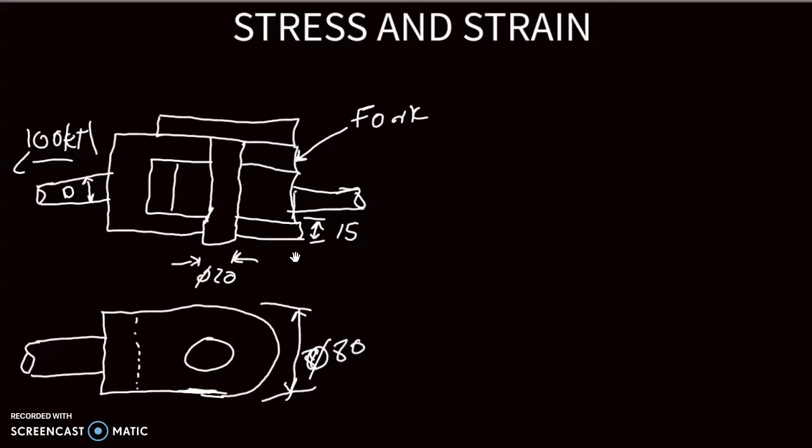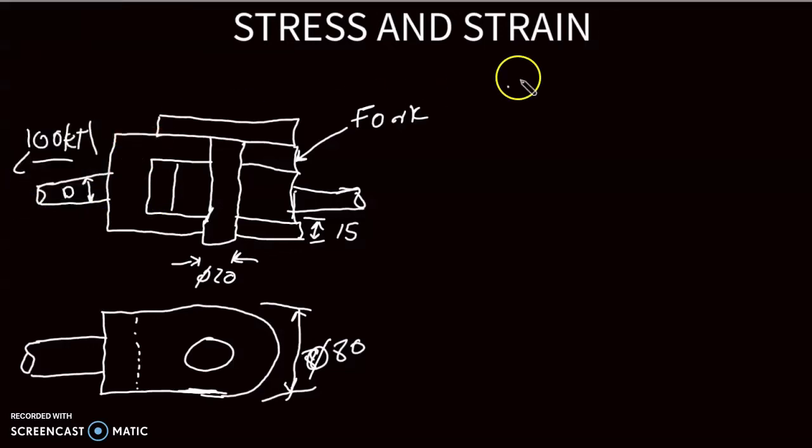And then they are asking us to calculate, question number 1, the diameter of the coupling rod D, if the allowable tensile stress is 100 megapascal. D, this is the D that they are talking about.